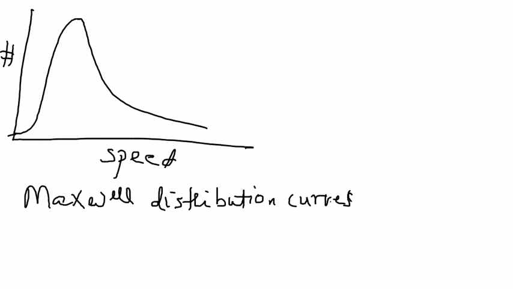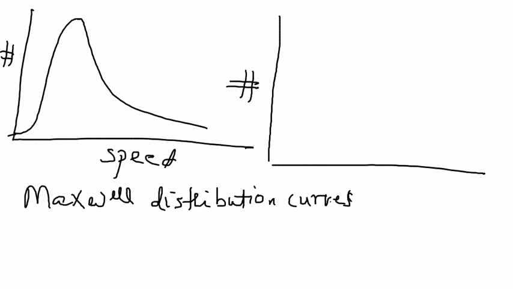Now, you can even do another study based on variable temperature. So again, I'm going to plot the number of particles with the indicated velocity against the molecular velocity, so the units would be meters per second.